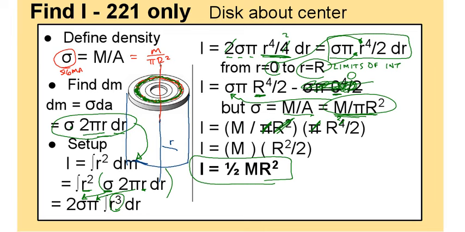So this is the moment of inertia for a disk or a ring. It's the same thing. The thickness of it doesn't matter, just the radius and the mass. And that's all we have.